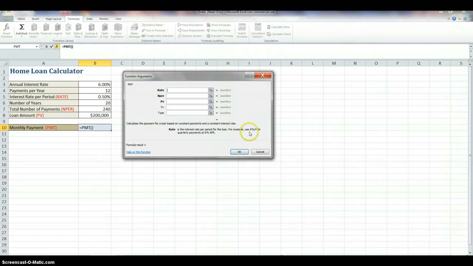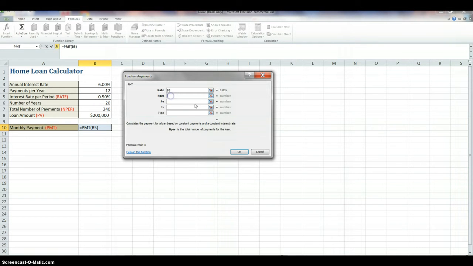For example, use 6% divided by 4 for quarterly payments. If you type in 6 divided by 12 there, you'll get a 0 on this. I want you to use cell referencing. We've already figured out what the period interest rate is, and that's in B5. So I click on B5.